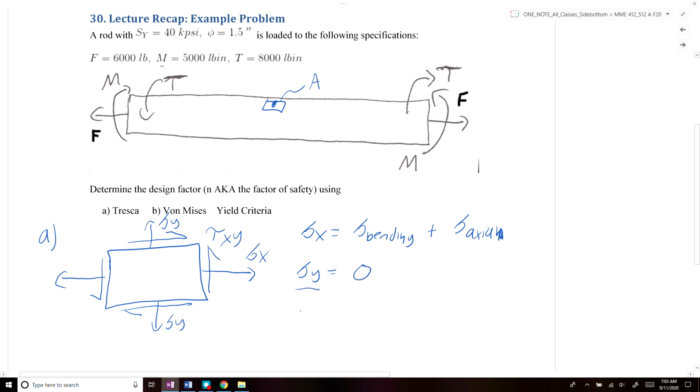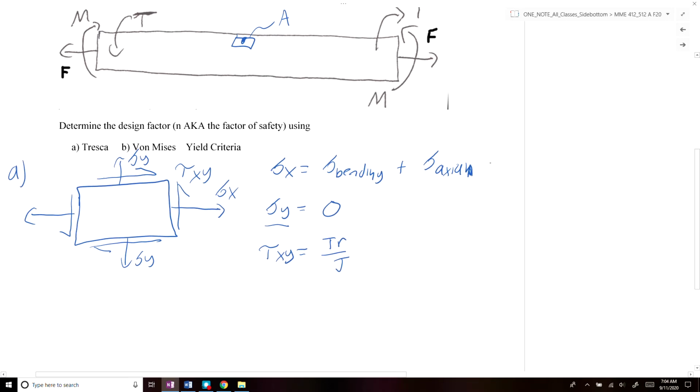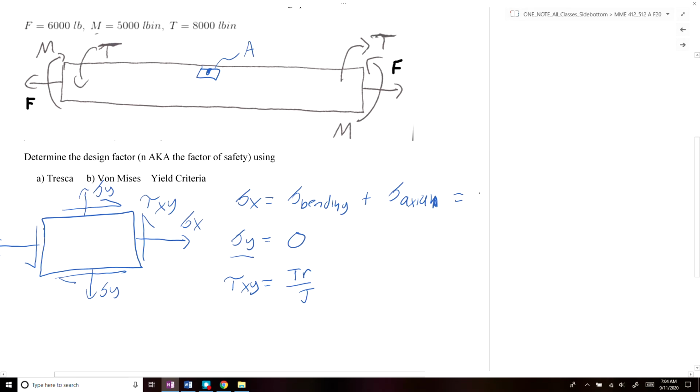And tau xy is going to be equal to TR over J. Based off of the problem information and the loadings, the bending stress we can write as MC over I. Actually, point A, based off of how the diagram is drawn, should be on the bottom of the part.